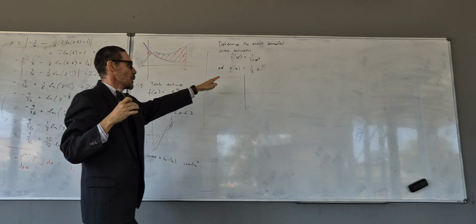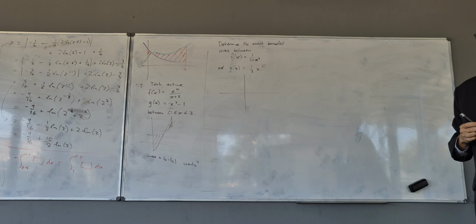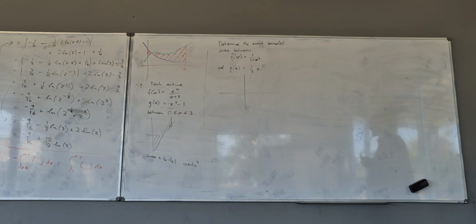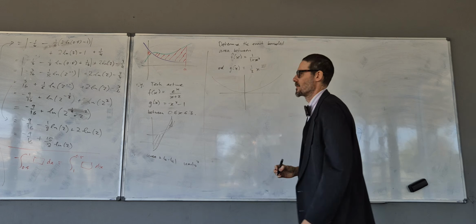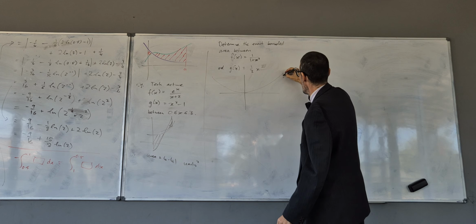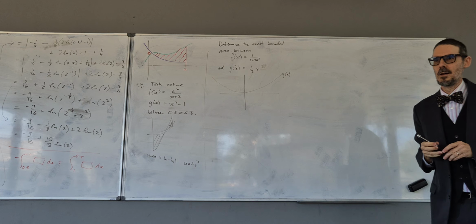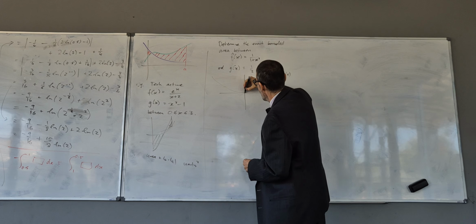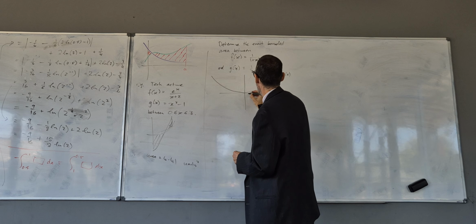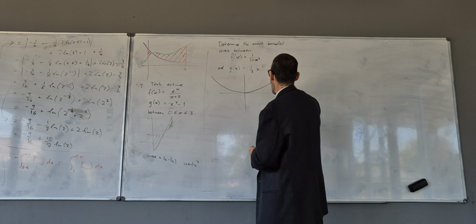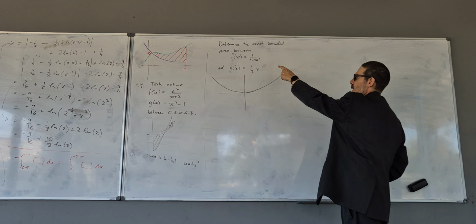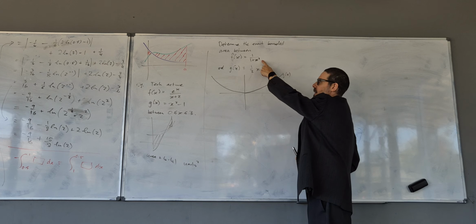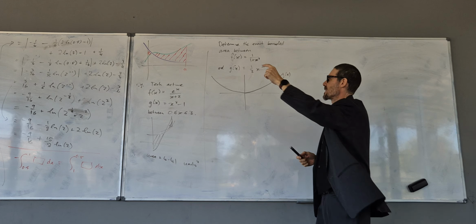What does half x squared look like? That's the easy one to draw. Quadratic with a gradient of 1. So it's just going to go like that, g of x. Where's the other function? Any of you know what this looks like?